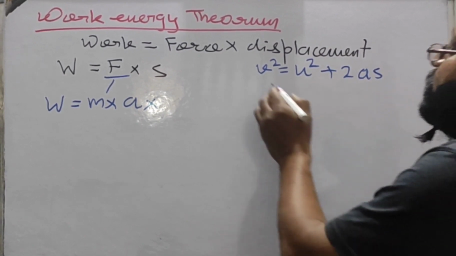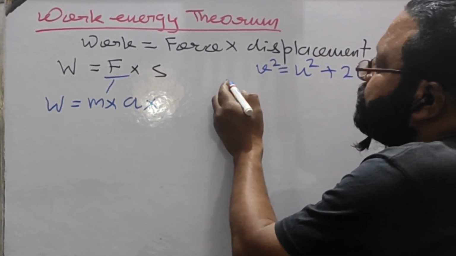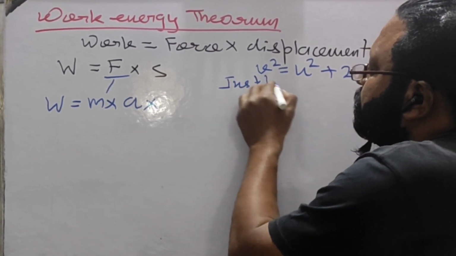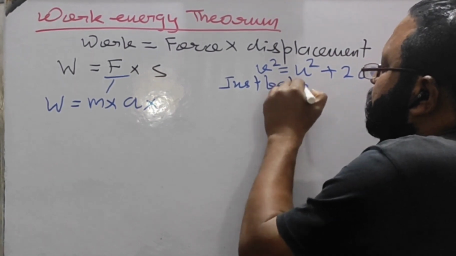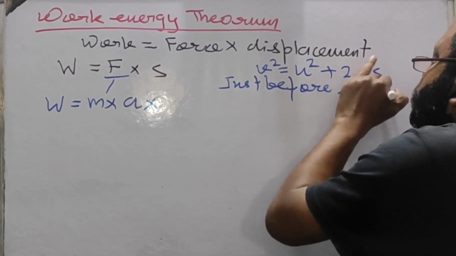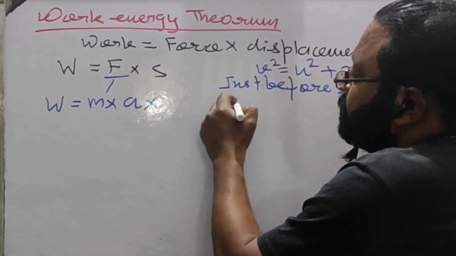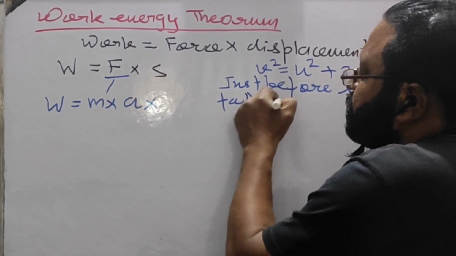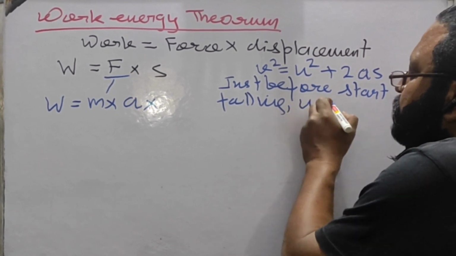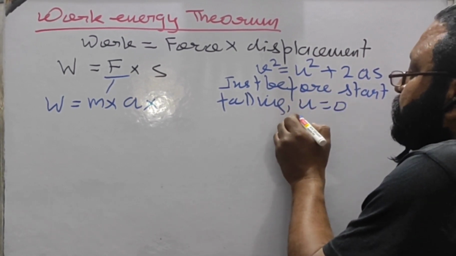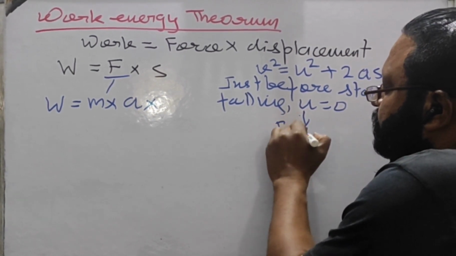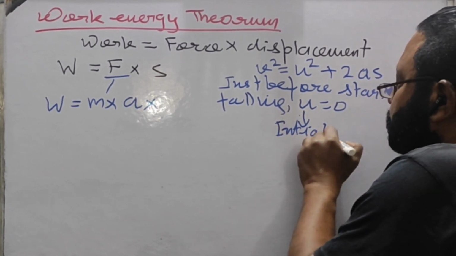So just before it starts falling, u is equal to 0. What is u? That is the initial velocity. You people are writing now?